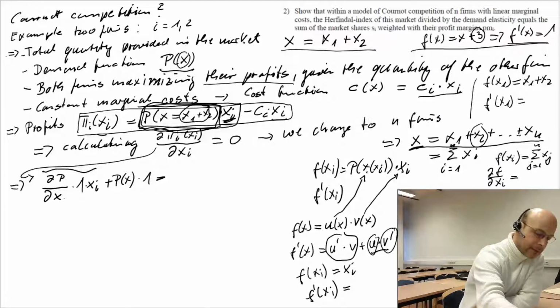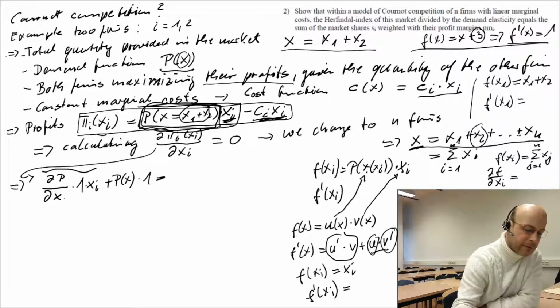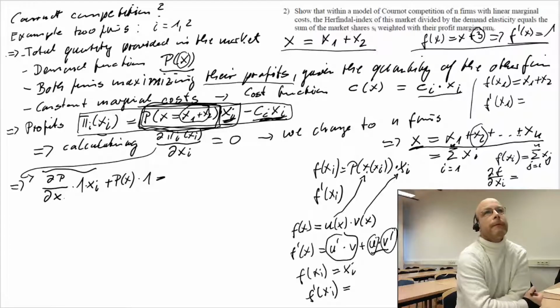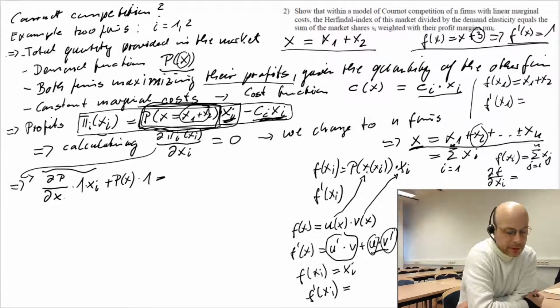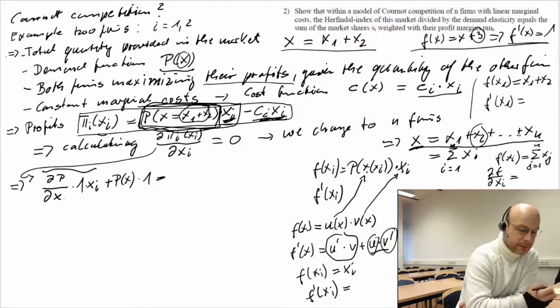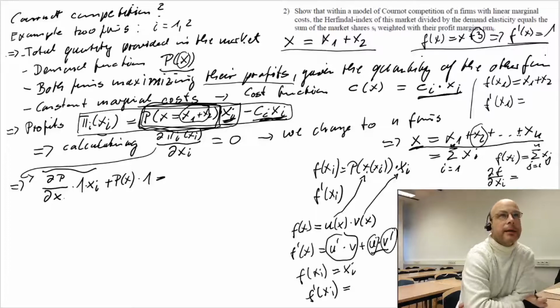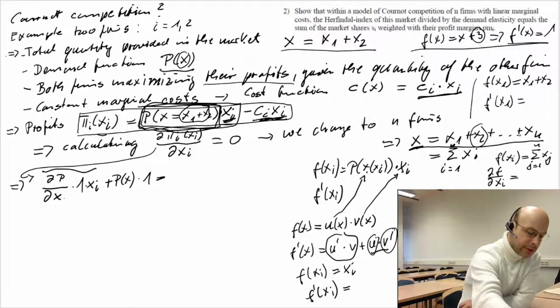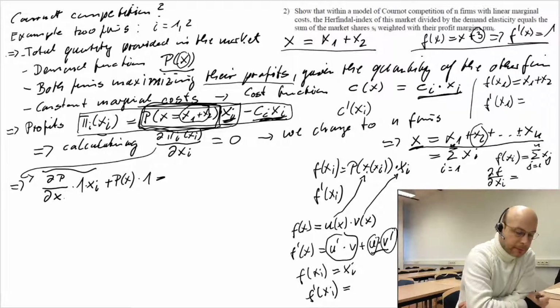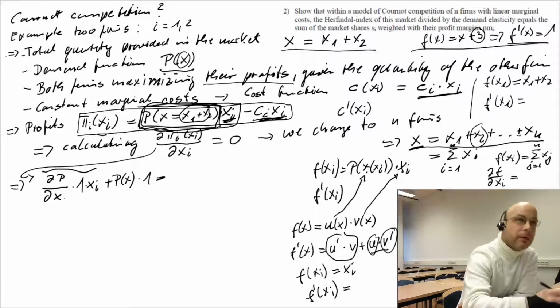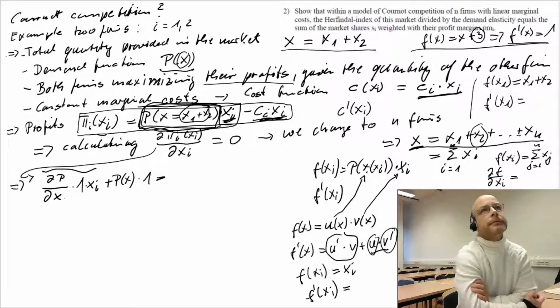minus, and now we have the function f of xi equals ci times xi. So the question is now, what is c prime of xi? Here, put also in an xi.